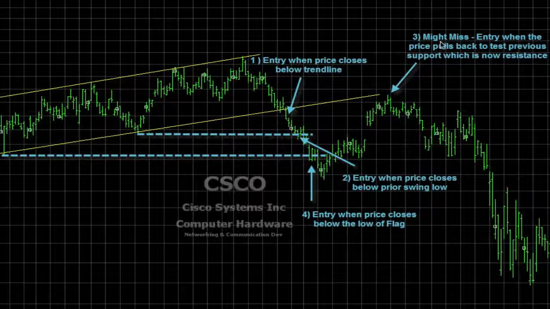The third opportunity is a might miss. It's because the price tends to, but doesn't always, pull back to the support trend line. So what was support is now resistance. When it comes up to something which is supposed to act as resistance, I like to enter using a bar strategy.